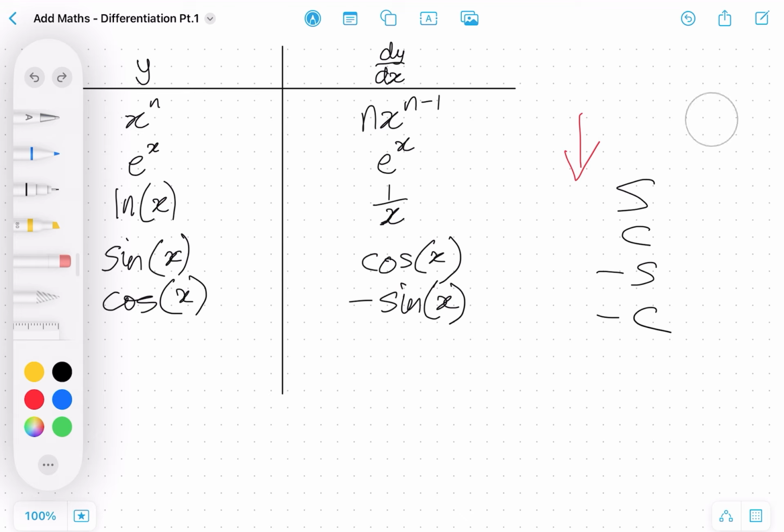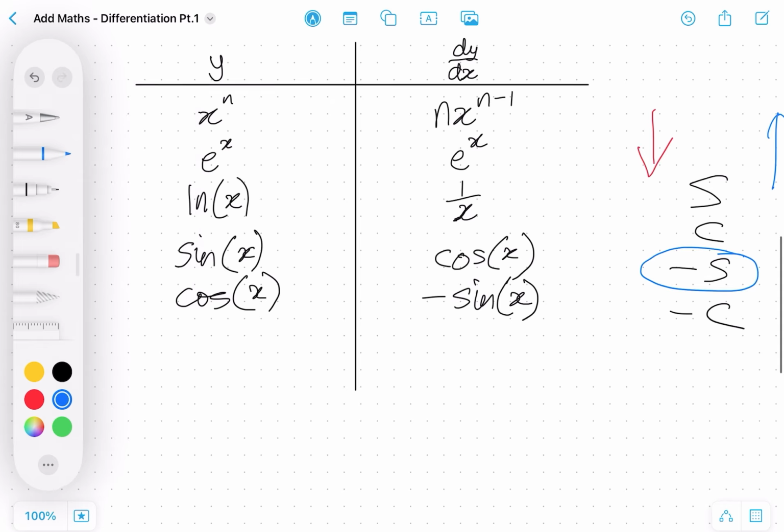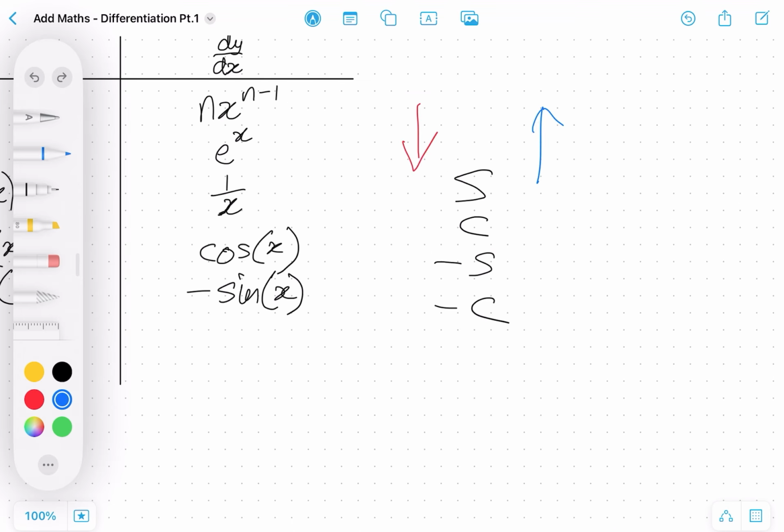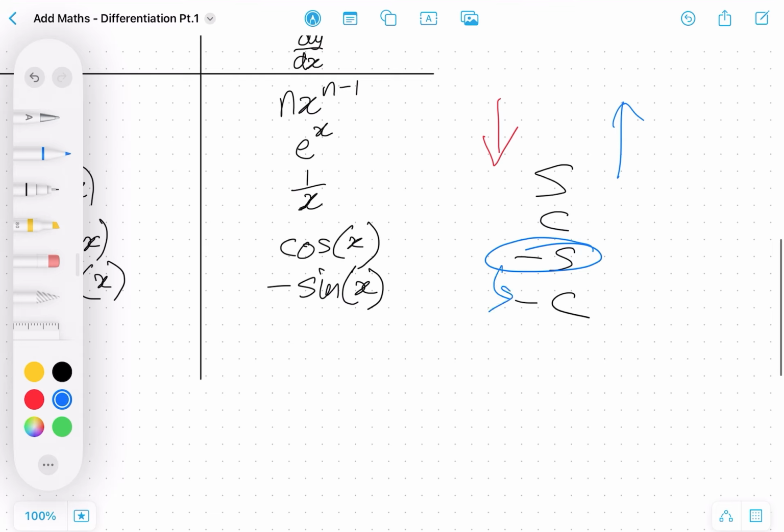What I mean by down the acronym is, if we want to differentiate sine, we move one space down, so we get cosine x. Then if we want to differentiate cosine x, we move one space down again, which is negative sine x. And if we want to differentiate negative sine x, from your IG you should know that if you just have a negative, the constant stays there, so negative 1. So negative sine differentiates to negative cosine.